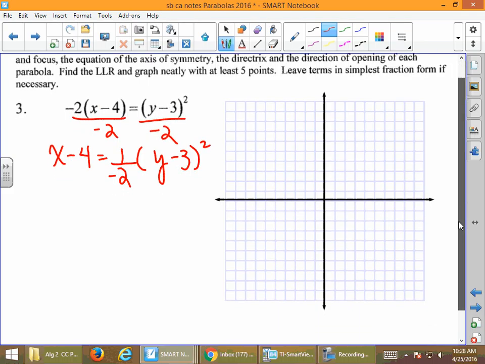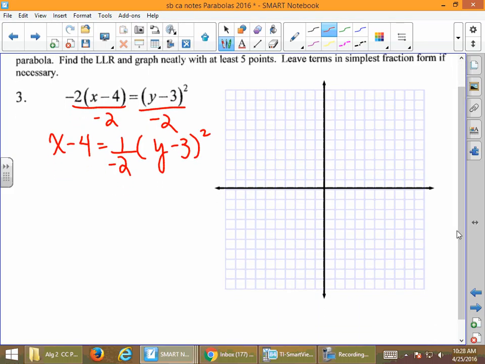You could put a -2 underneath it, but I'm going to identify that as an a value in a minute. You divide by -2, so those cancel out. And so the number in front of the parentheses is a 1, if there's nothing written there.